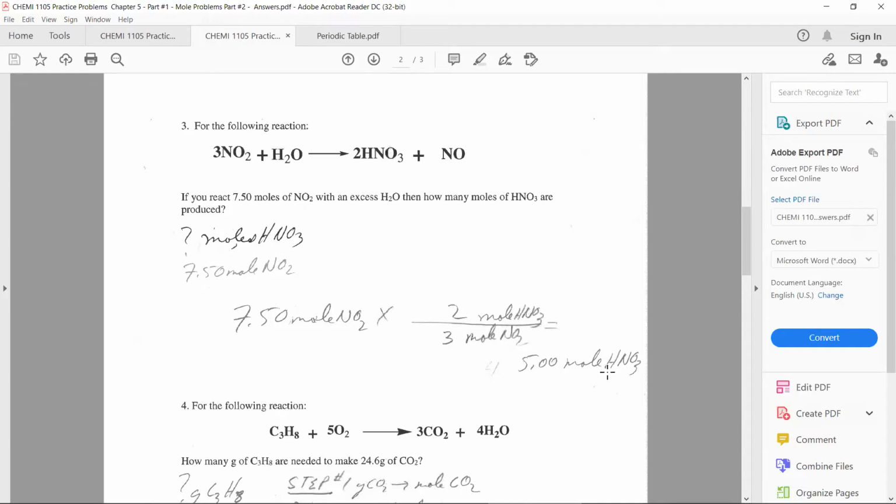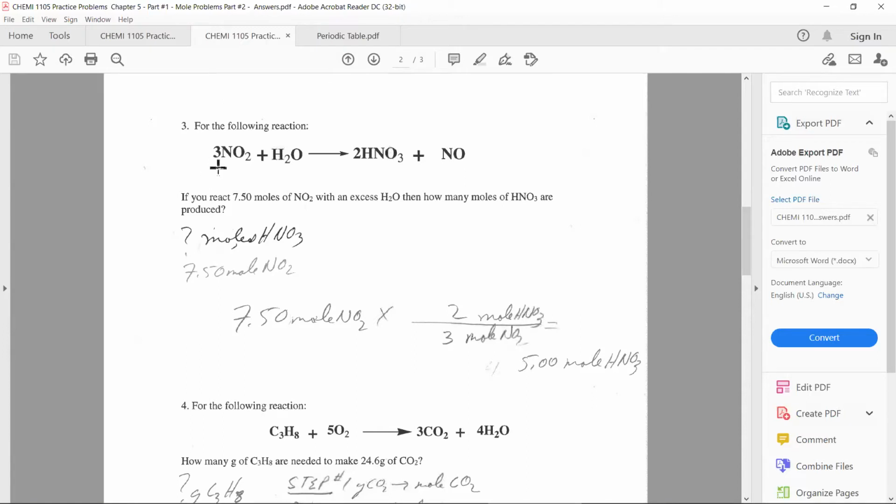Moles of HNO3. Now, using your good friend, unit analysis, whatever we're trying to get to goes on top of the ratio. Whatever we're trying to get rid of goes underneath. Where do we get those numbers? From the balanced chemical equation. Where do I get a relationship between moles of NO2 and moles of HNO3?